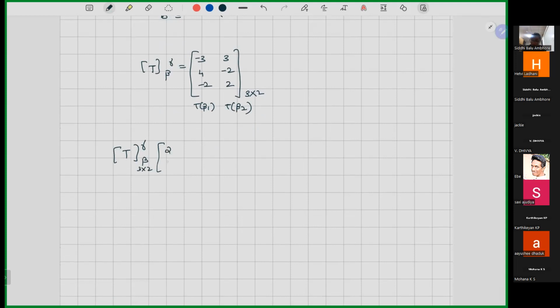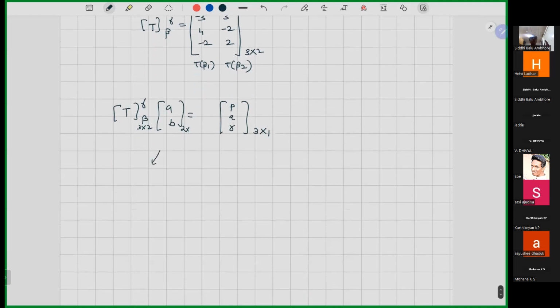The elements in R2 are of the form (A, B). Corresponding, this is 2 cross 1, so you will get a 3 cross 1 matrix. Suppose we call it (P, Q, R). Then these P, Q, R are linear combination coefficients. So T of (A beta 1 plus B beta 2) is equal to P gamma 1 plus Q gamma 2 plus R gamma 3. This is what this matrix represents.